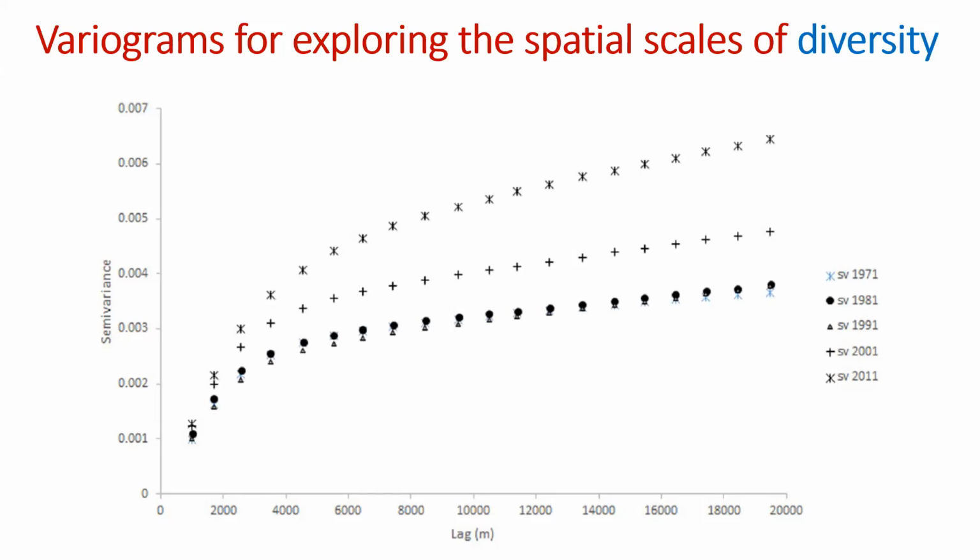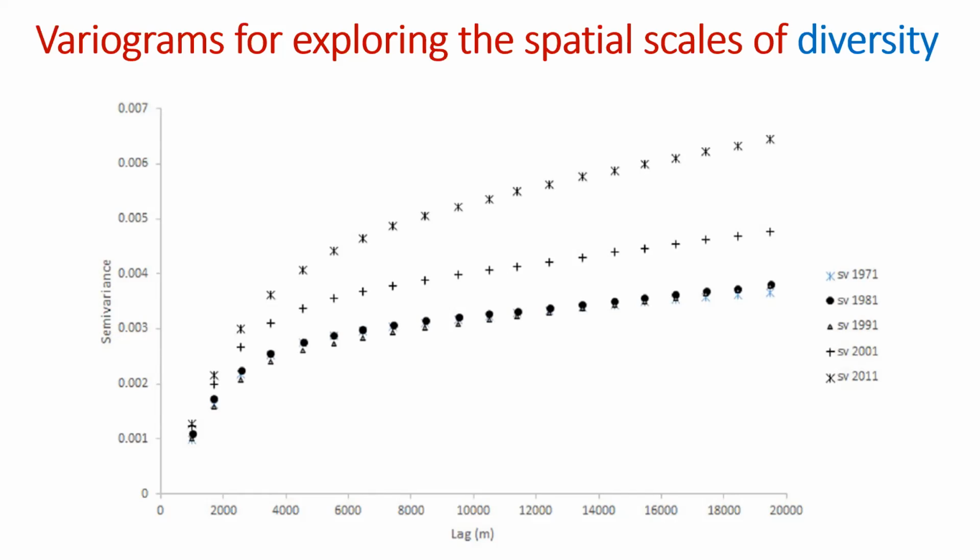And those trends reflect the changing spatial scales of diversity, which we argue in this article has received considerably less attention than the scales of residential segregation. So there's a really great body of research looking at the spatial scale of residential segregation, but actually diversity, with some notable and really important exceptions, has definitely received less attention.